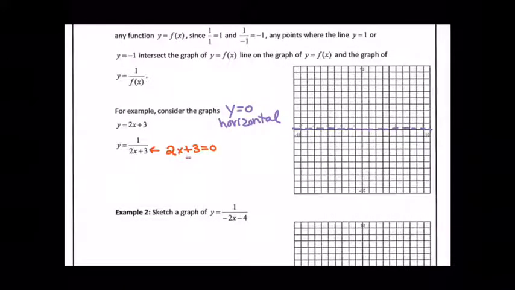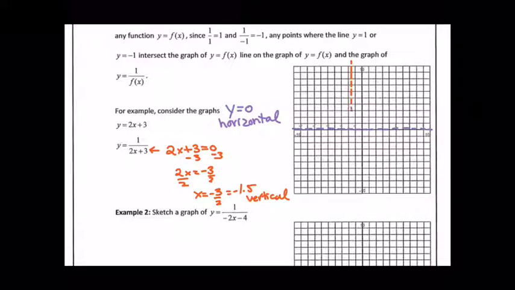So I would subtract 3, and then divide by 2. And that's the same as -1.5. So that's the vertical asymptote. So if I go to -1.5, I'm going to put a vertical line down at -1.5.